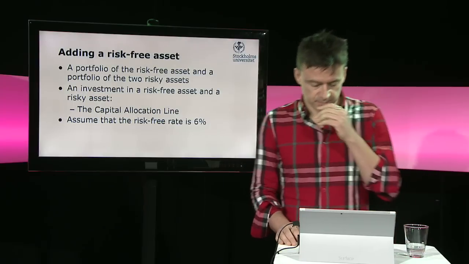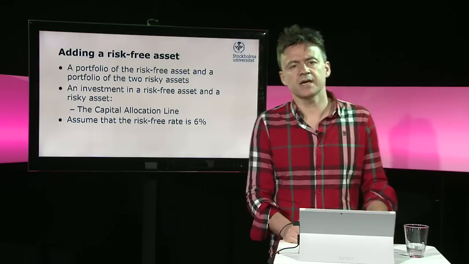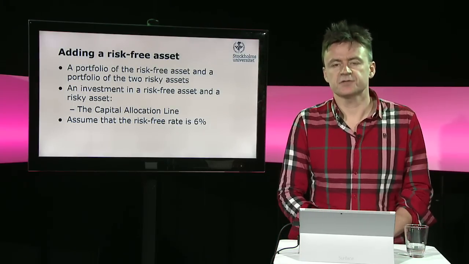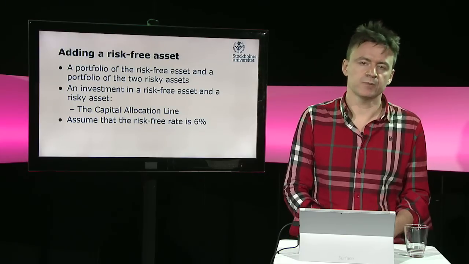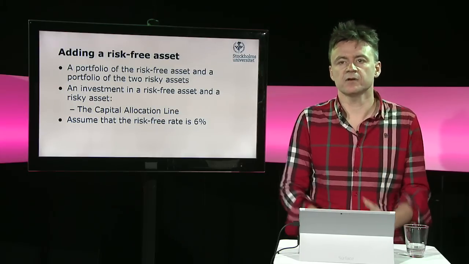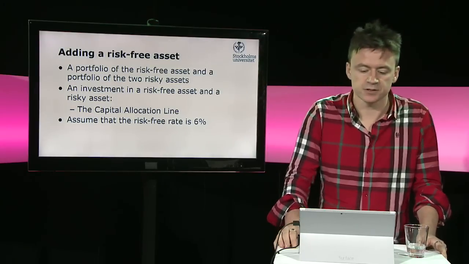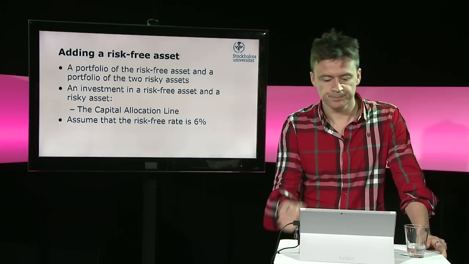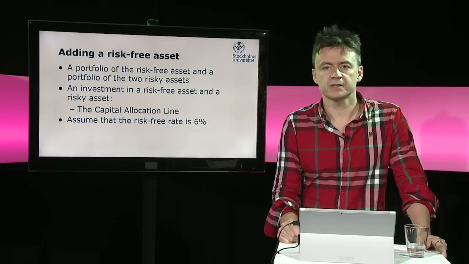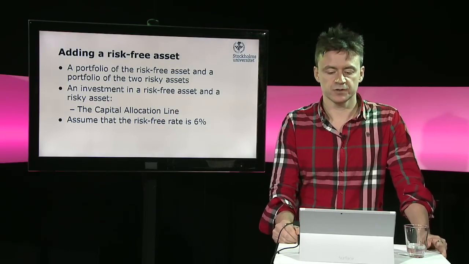Now, let's consider adding a risk-free asset to the mix. This may seem a bit more complicated. We are, after all, now considering 3 assets instead of 2. But we can actually look at it as a portfolio of the risk-free asset and a portfolio of 2 risky assets.